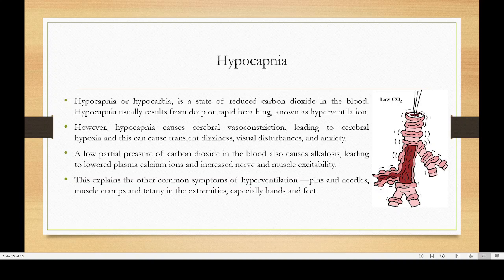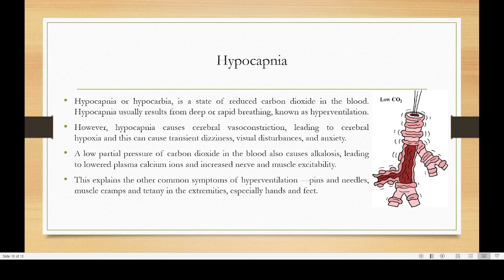This can also cause transient dizziness. Then visual disturbances. You may not be able to see properly. You will be having too much anxiety. All these are actually contributed by the presence of low oxygen and low carbon dioxide content. So high carbon dioxide content as well as low carbon dioxide content can both create problems.